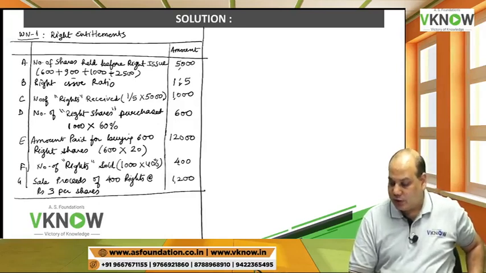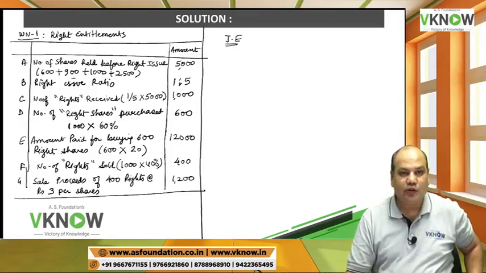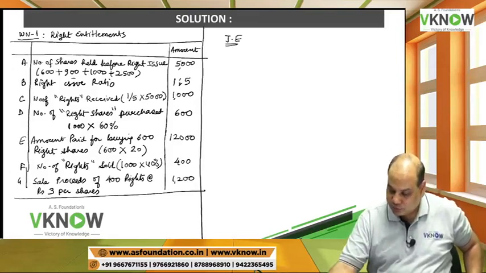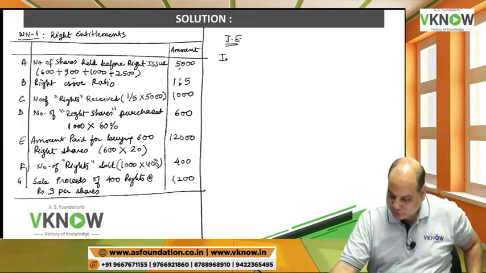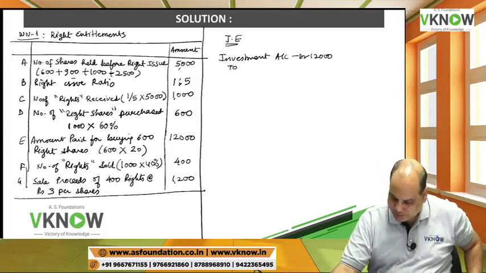So what are the entries we are going to pass for this? We are going to pass 2 journal entries for these 2 transactions. One entry will be investment account debit 12,000 to bank account 12,000.